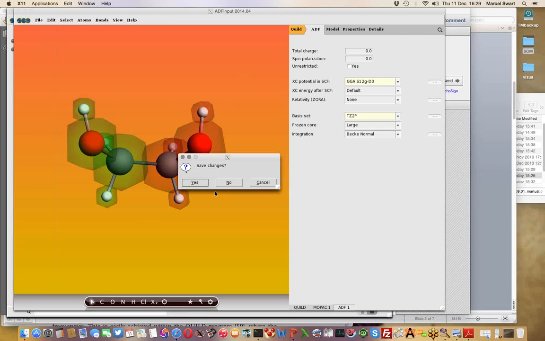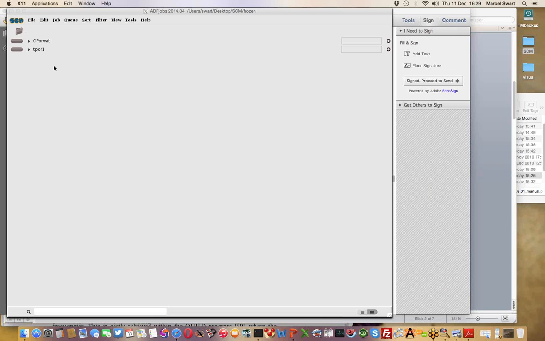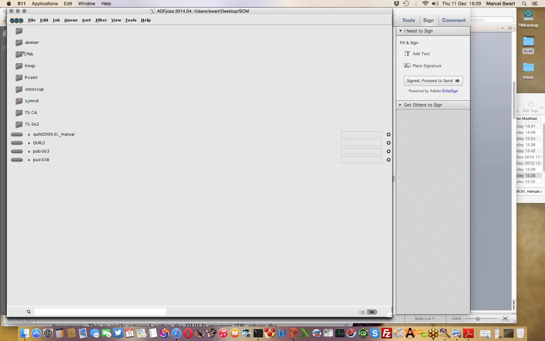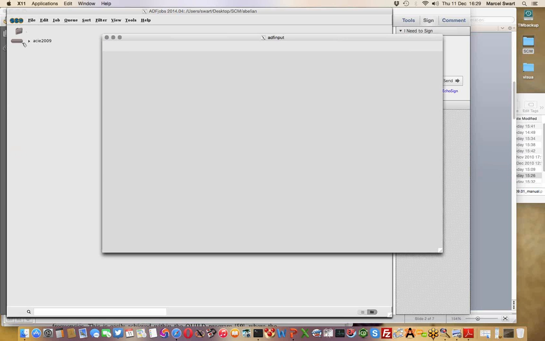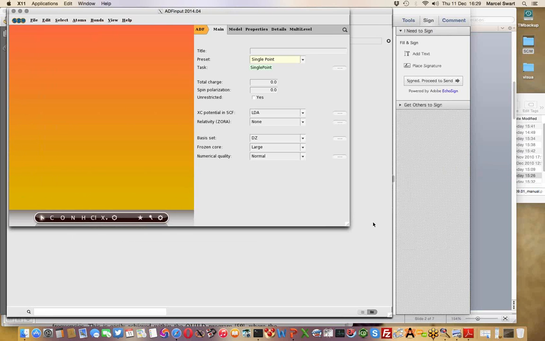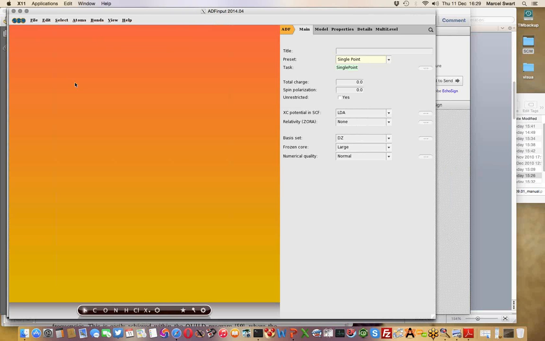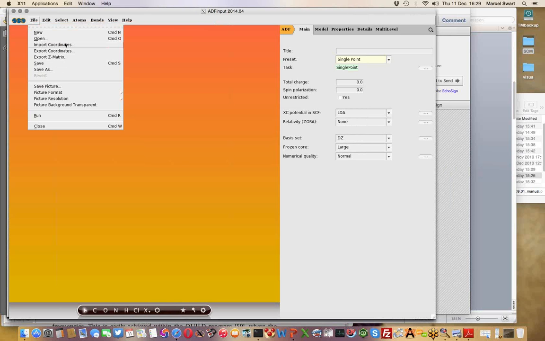And finally, there are also some other things, because in fact you work within QUILD outside of ADF. You can actually do other things. This is something which we have worked on in the past. This was a system we had on the binding of ions in quartets of DNA bases.